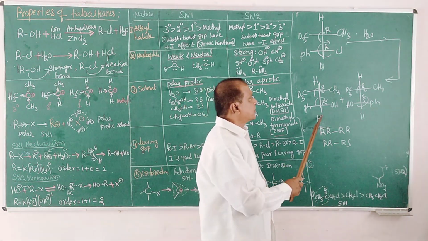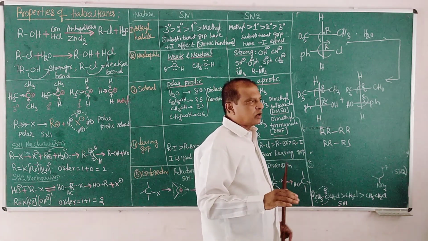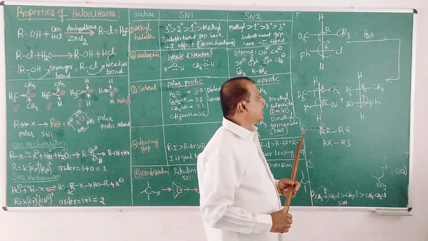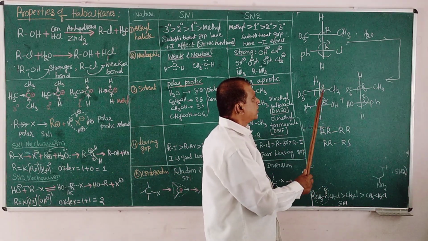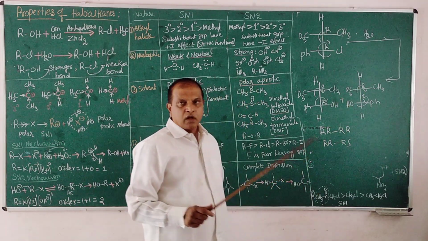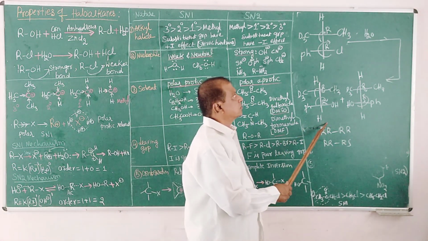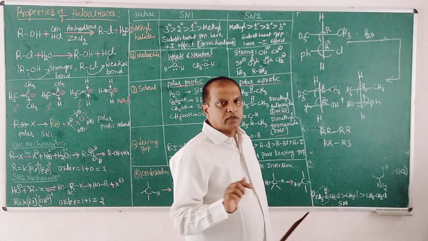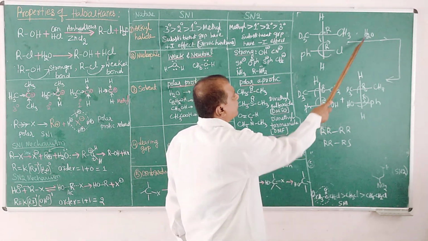But diastereomers are neither mirror images nor superimposable. Molecules containing two or more asymmetric carbon atoms produce diastereomers, while only one chiral carbon produces enantiomers. That is the kind of geometry we get from the SN1 mechanism.